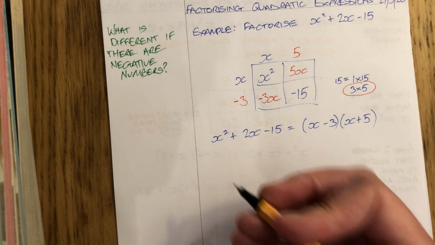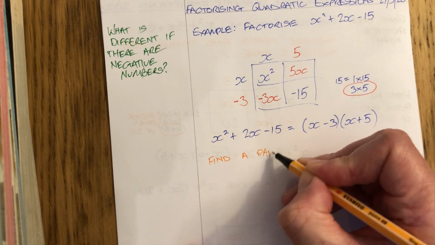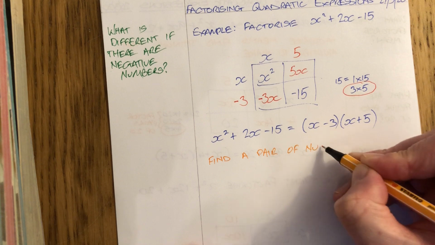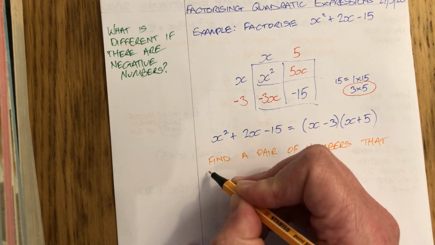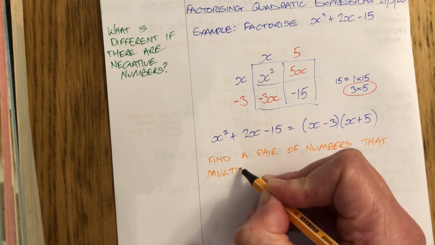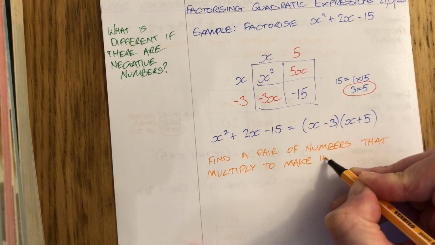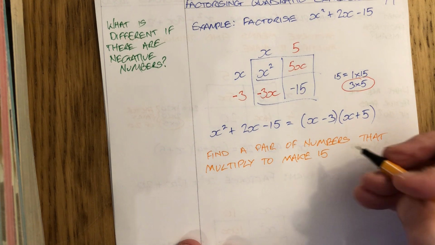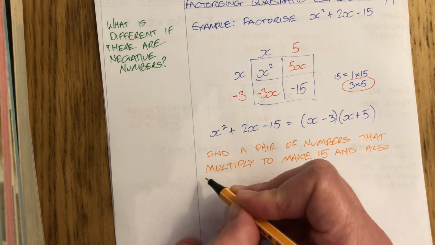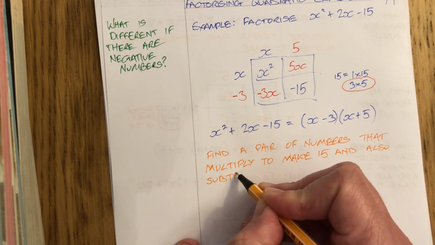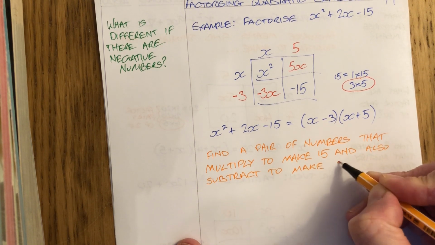Okay, so what we do is we find a pair of numbers that multiply to make 15, positive 15, and this is the trick, also subtract to make 2.